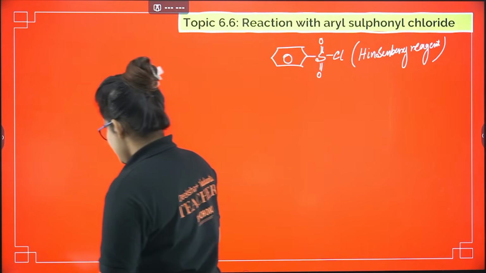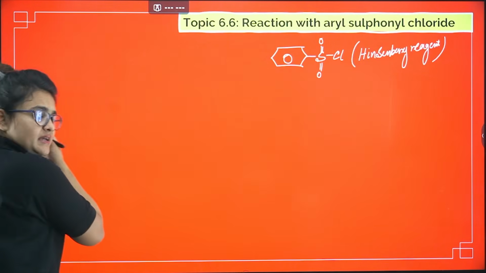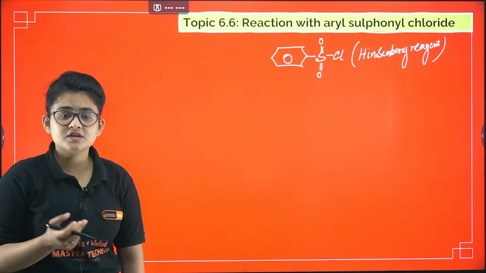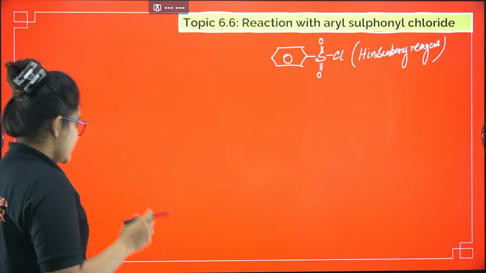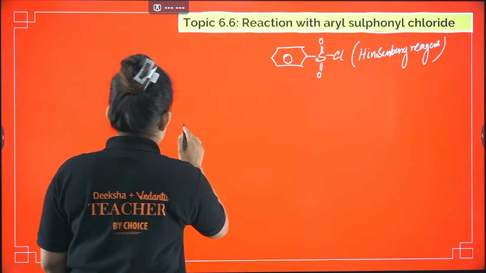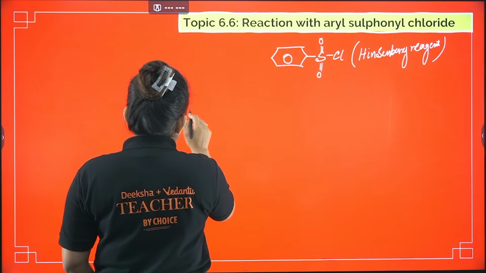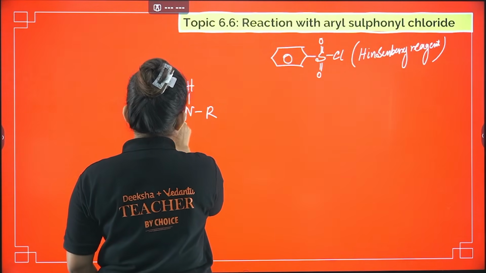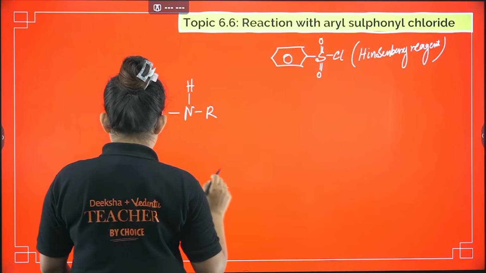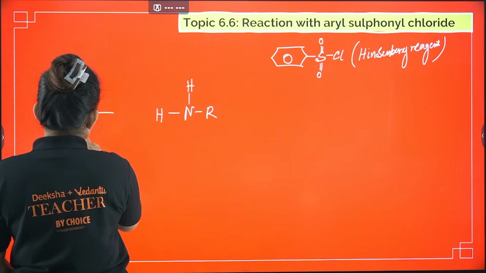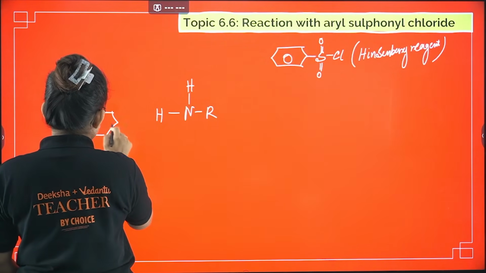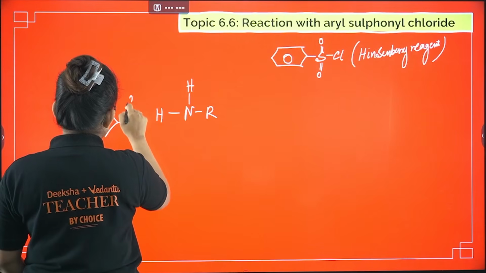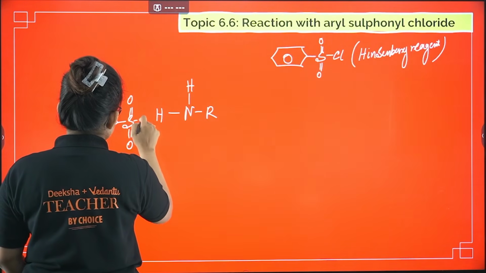Let's see how primary, secondary and tertiary amines react with the Hinsberg reagent. First we will discuss the primary amine. Let's say I have N, R, here hydrogen, and here I am showing the aryl sulfonyl chloride, S double bond O, double bond O, Cl.